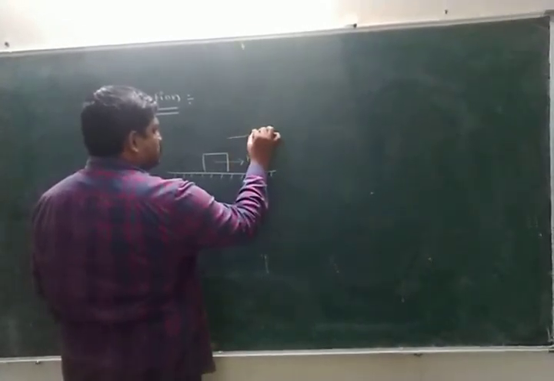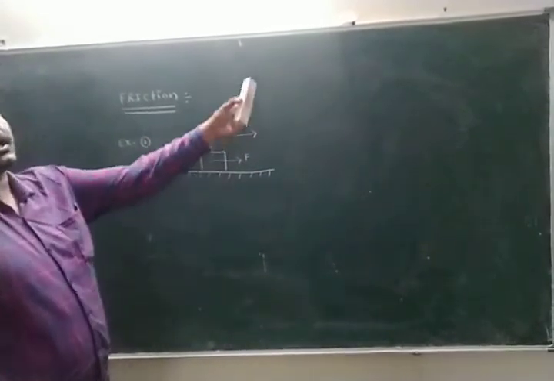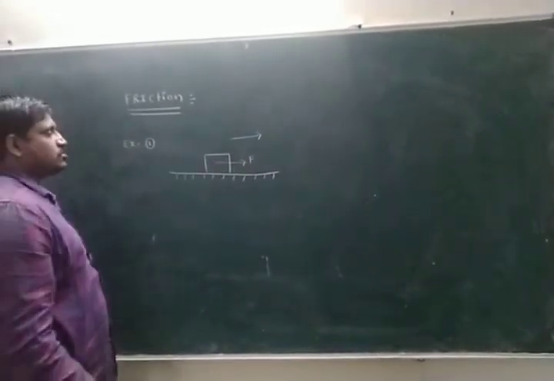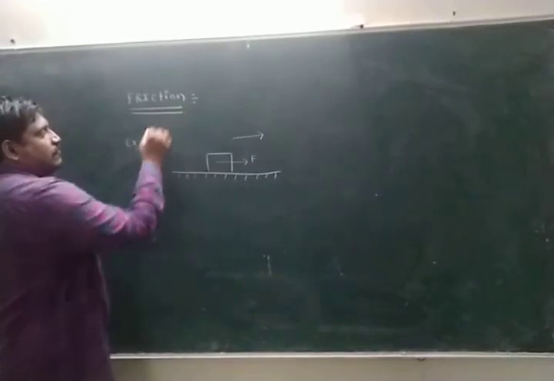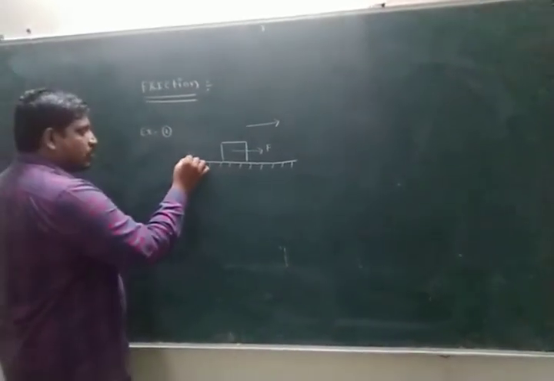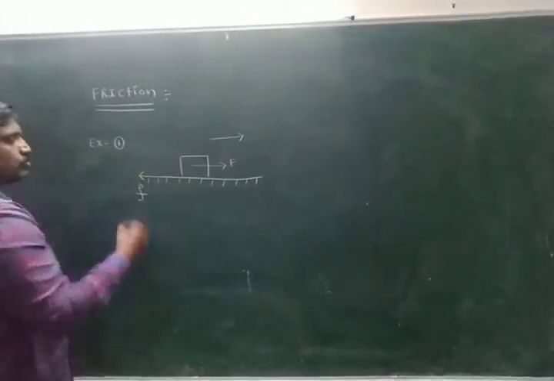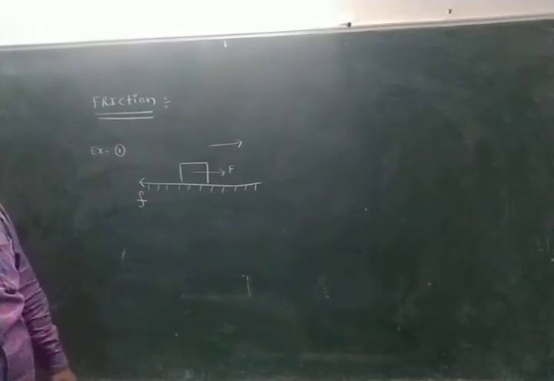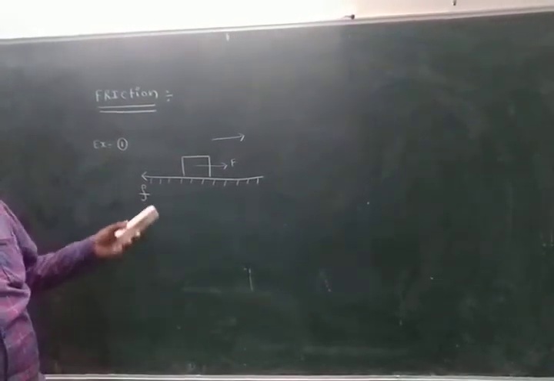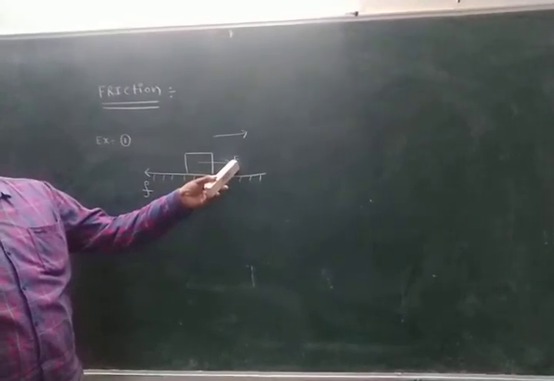Because of the external force, the body moves towards the right. Friction always opposes the motion, is parallel to the surface, and is opposite to the applied force.